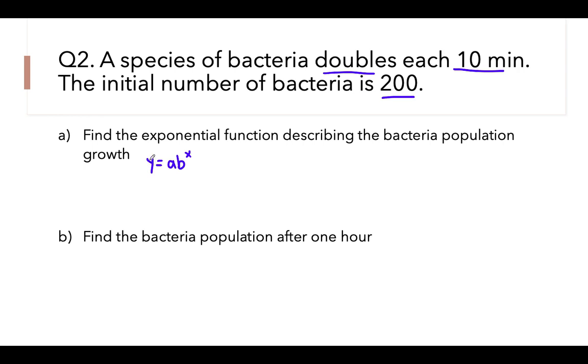Y is the final amount, a is the initial amount, b is the growth rate, and x is the time. If I want to be a little bit more specific, x could be described as the given time over the doubling period in this case.